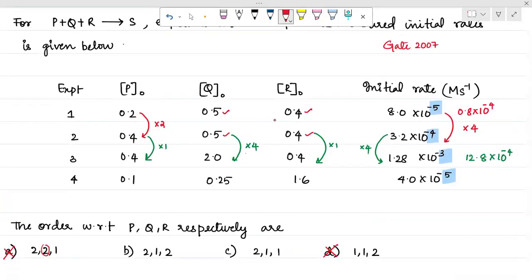You cannot find anything of that sort. R is still changing over here in 3 and 4, but P and Q are also changing. Okay, so in such cases, we'll have to take the ratio and find the order.